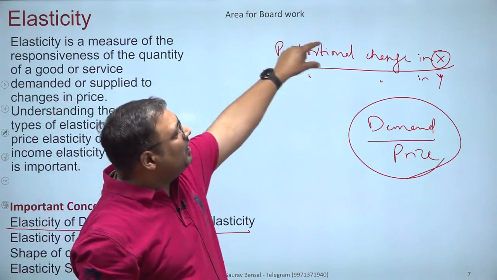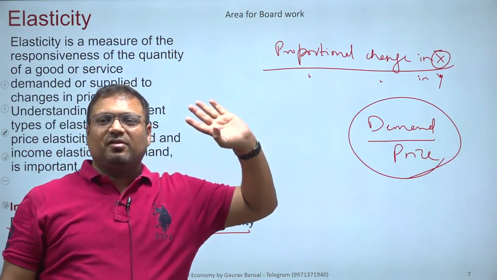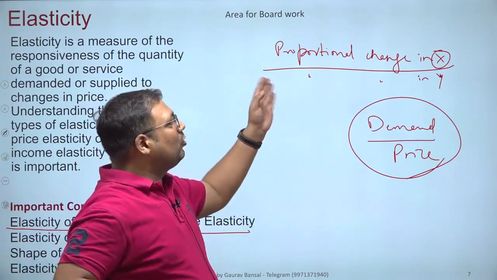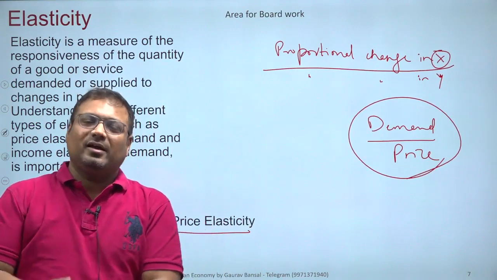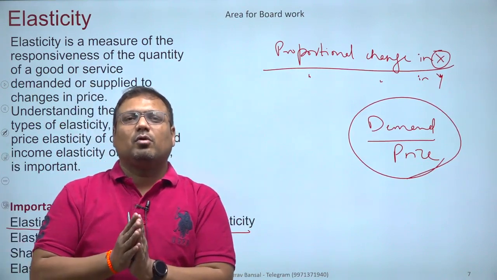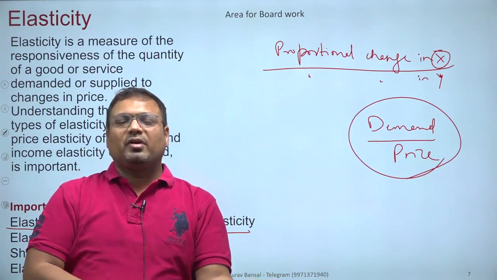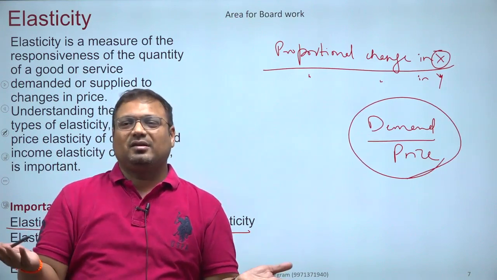Means how much demand will change if price changes by 10%. Proportional change we are talking about, not absolute change. ये नहीं कह रहे कि प्राइस 10 से 8 रुपए हो गया, मतलब प्राइस 2 रुपए गिरा तो डिमांड कितनी चेंज होगी. We can't say that.